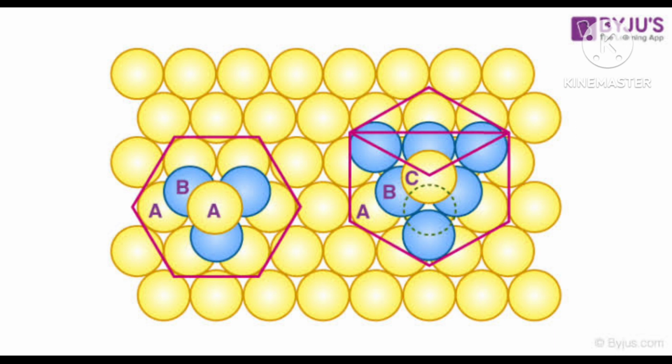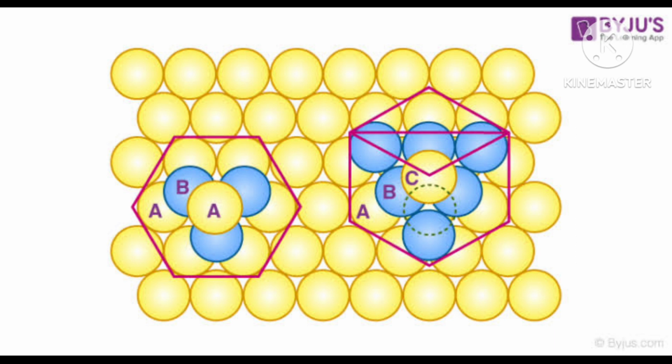All should touch, keep them close. Then you will find a gap in the middle. Now above this is the second layer, the B type arrangement I am talking about.